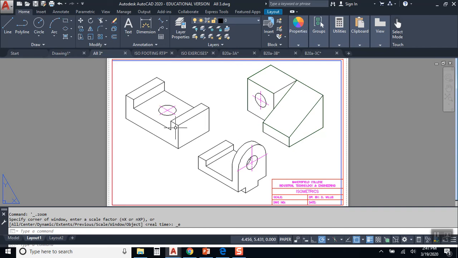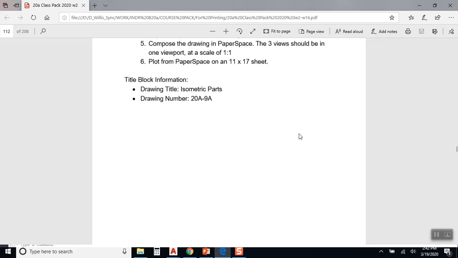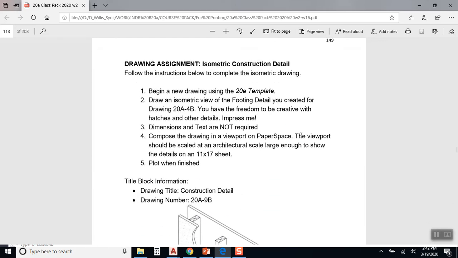Okay, now I had a couple of people asking me about some extra credit work. I don't mind giving out a little bit of extra credit if it gives you some extra practice. So I'm going to make something available for you. Once you complete this drawing, and of course the instructions for this drawing are all on page 148, if you would like to do something a little extra, there's an opportunity for you to draw an isometric construction detail.